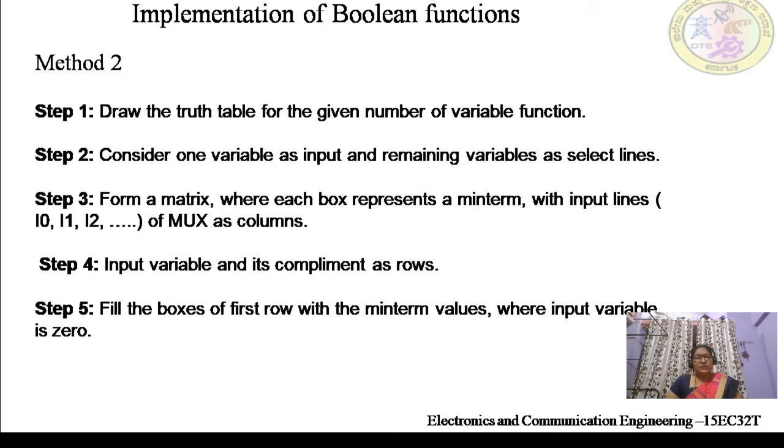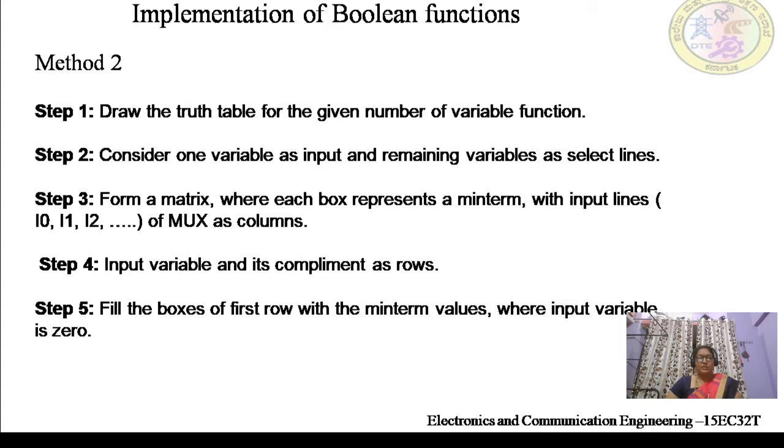So in the next step, we have to form the matrix. Already you know what is matrix. Matrix consists of rows and columns. So here in this matrix, each box represents a minterm with input lines I0, I1, I2 as the columns.